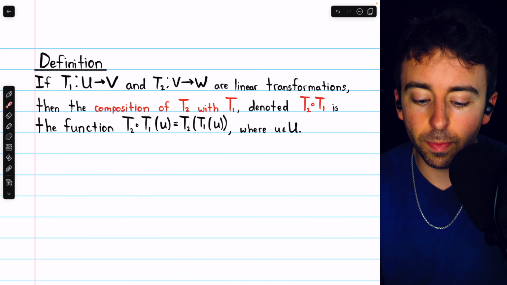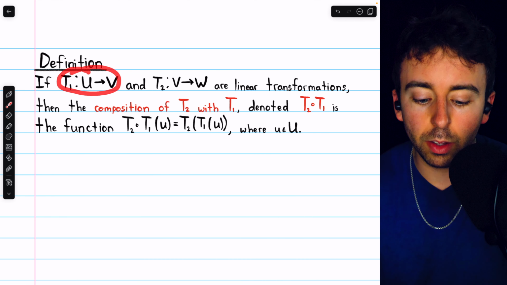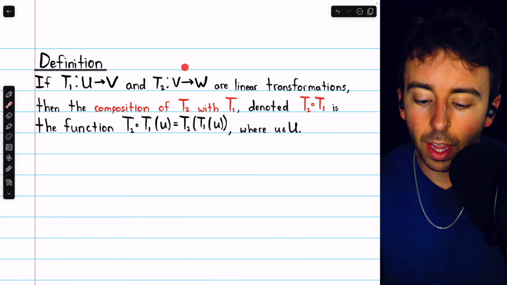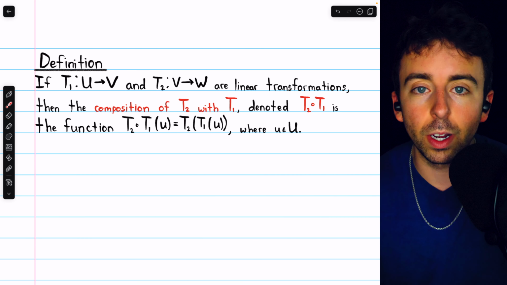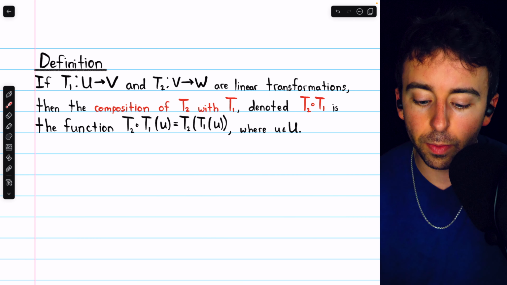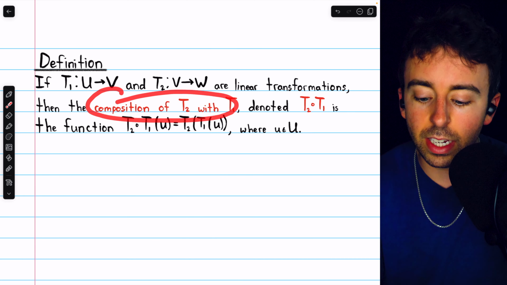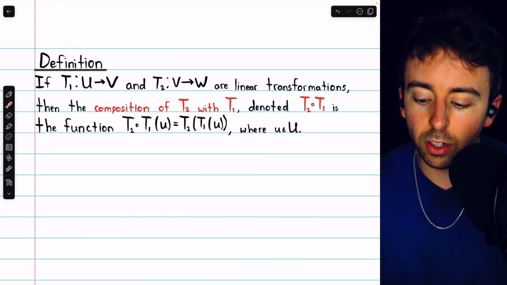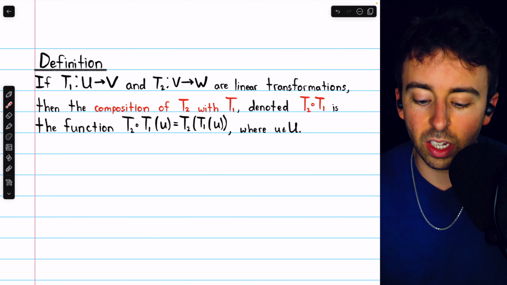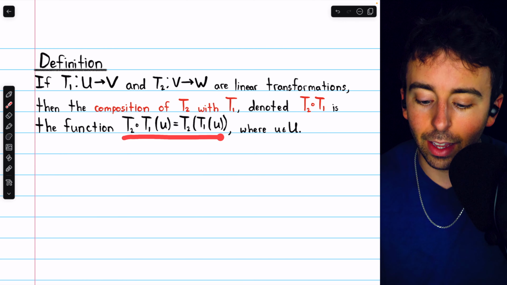Here's the definition. If T1 is a linear transformation from U to V, and T2 a linear transformation from V to W, then the composition of T2 with T1, denoted T2 circle T1, is defined as follows.